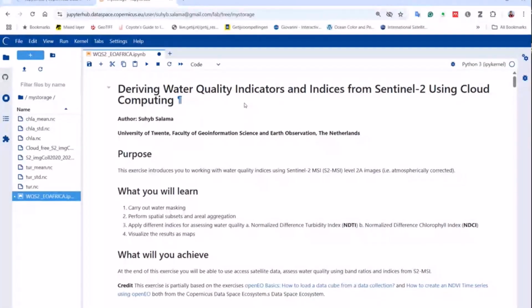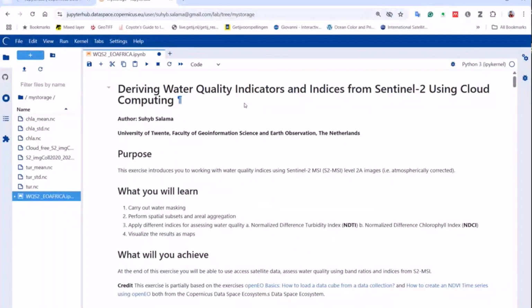What we have done, we have downloaded the 5 years of observation from Sentinel-2. You can download the full archive, which goes back to 2017, but for the sake of calculation and this webinar, you had access to the 5 years of Sentinel-2 observation.